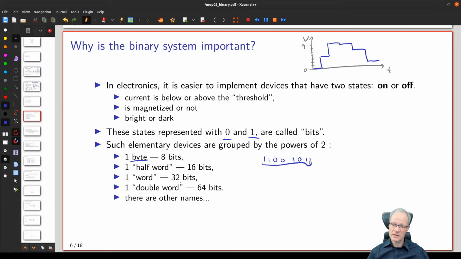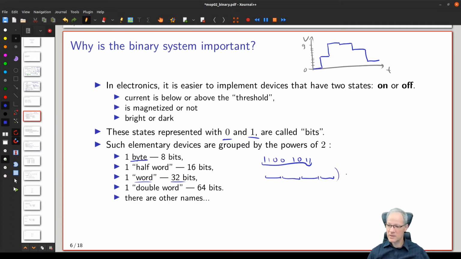We can have a word that's 32 bits. Why is that? Because quite often there are microprocessors in computers that have 4 bytes of information that represent something useful.